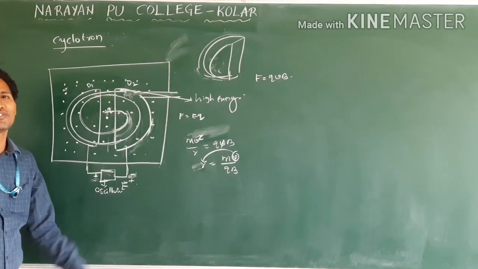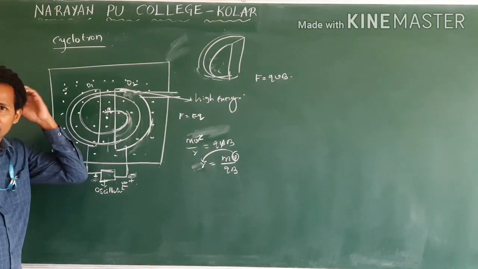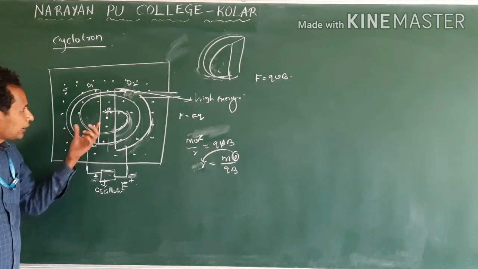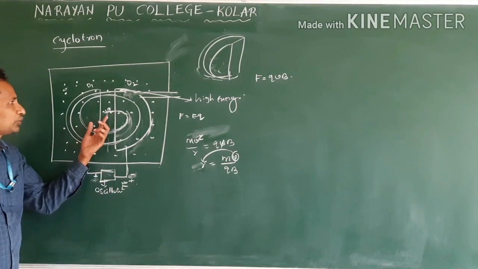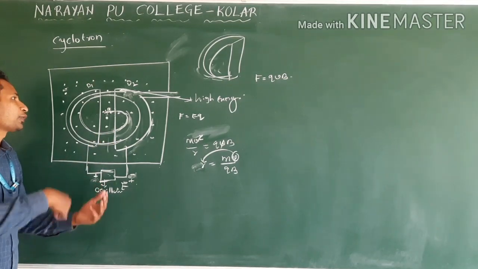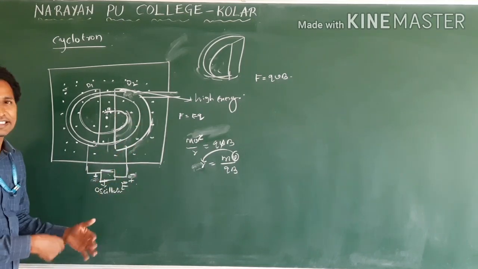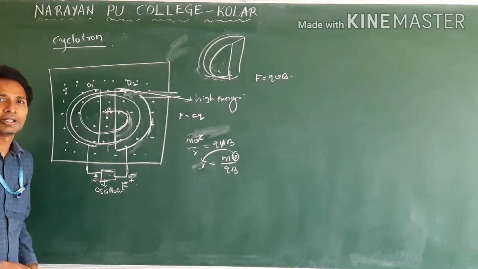This is the principle of the cyclotron. Clear? Cyclotron frequency is equal to the frequency of the charged particle. Our oscillator frequency is equal to this charged particle frequency. If we adjust, the charged particle will gain maximum energy and come out. This we call the accelerating of the charged particle.